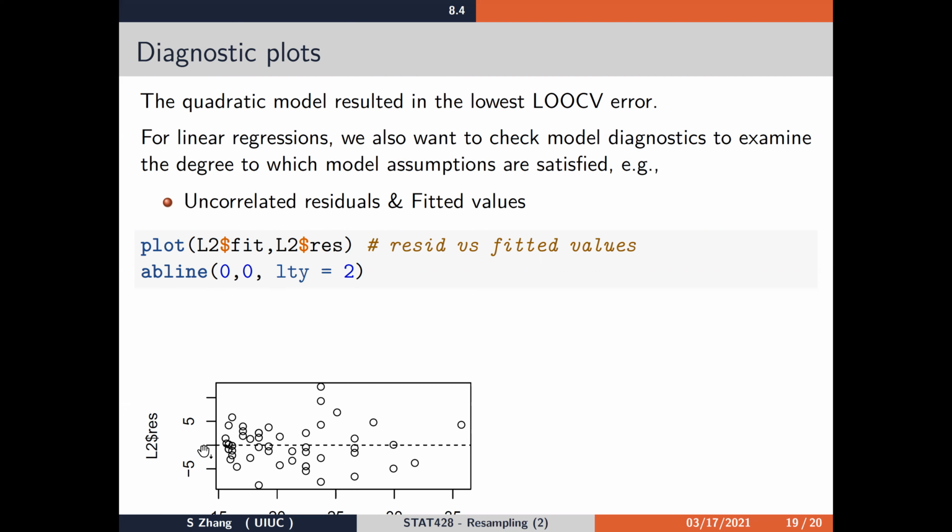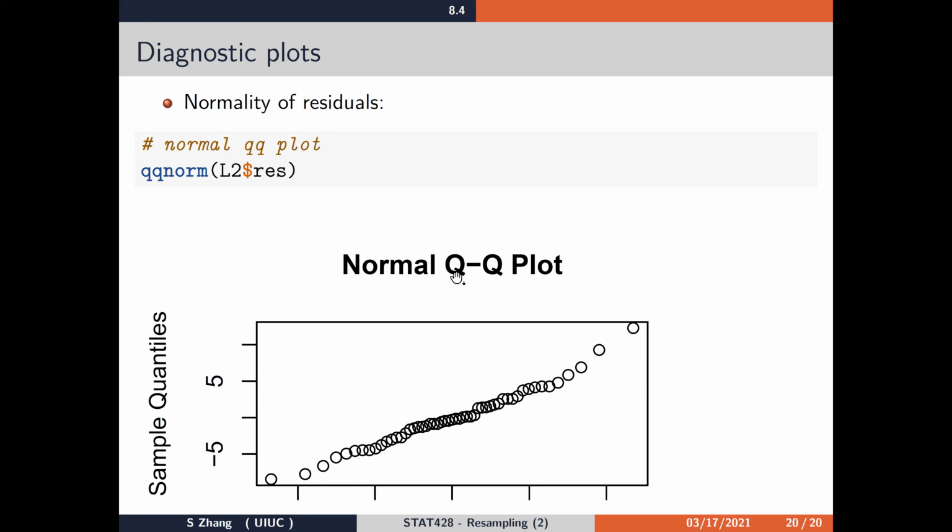Another thing you can do is to check the normality of the residuals. We discussed this in our first 2 weeks, when we discussed how we can use a QQ-plot to check the agreement between the theoretical and the observed quantiles. In this case, we can check whether the residuals are normally distributed.